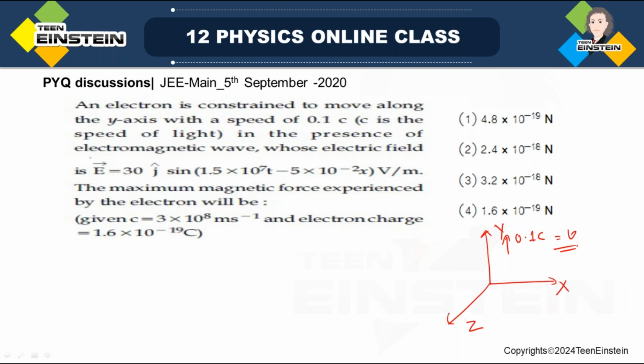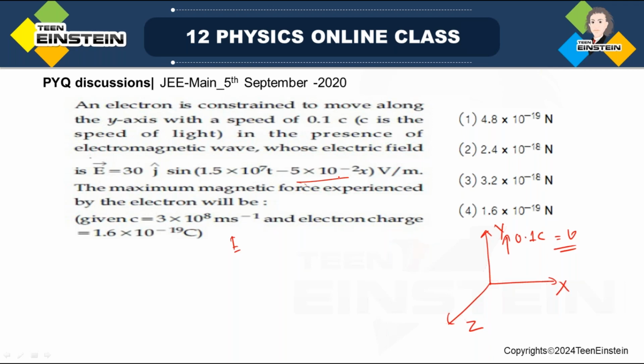This is the velocity, where c is the speed of light, as you know. In the presence of an electromagnetic wave, whose electric field is given as E equals 30 j cap sine of 1.5 into 10 to the power 7 t minus kx, that is omega t minus kx, volt per meter.